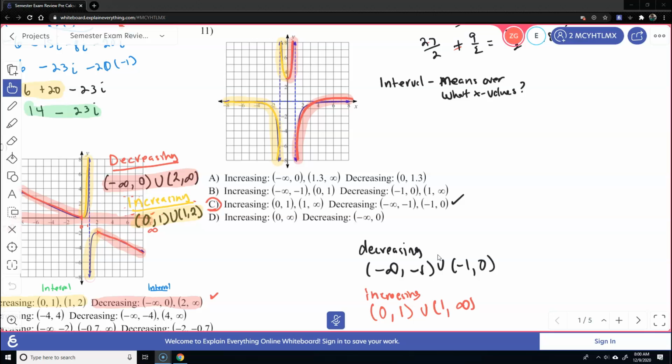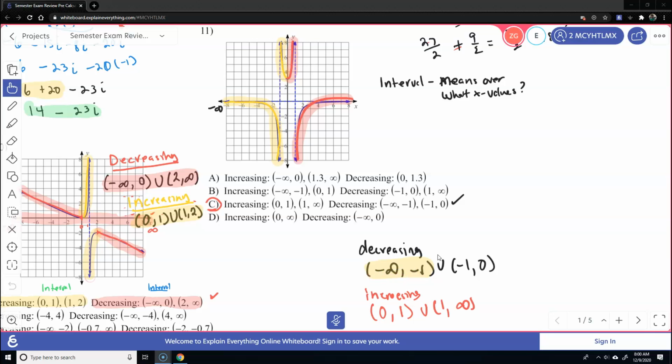In this case, it starts at negative infinity since we read from left to right. So from negative infinity to negative 1, it's decreasing.